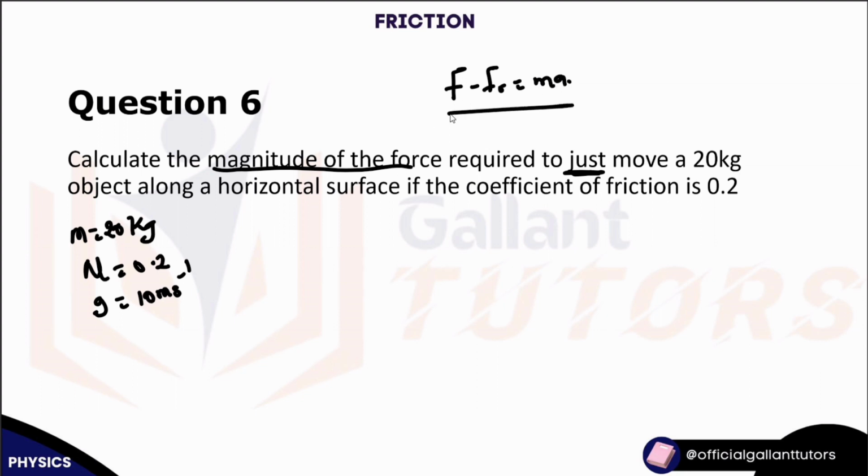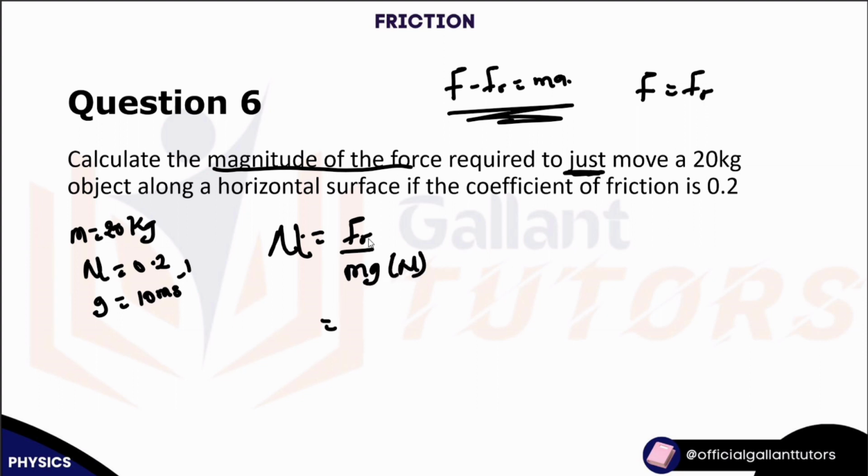Because as we solve complicated questions, you will notice that we can have something like this. We can definitely have something like this, but just because they say just, it simply means that our F is also equal to FR. So I can now say this coefficient is equal to FR over mg. So this mg is also known as normal reaction. I've told you countless times. Frictional force is what we're told to find.